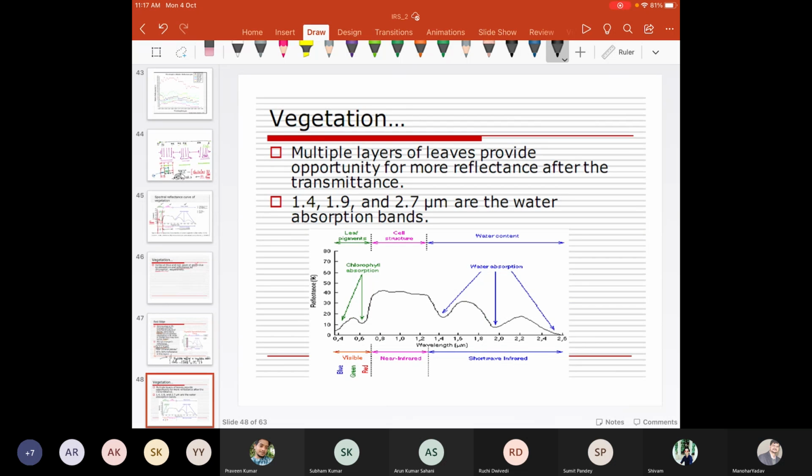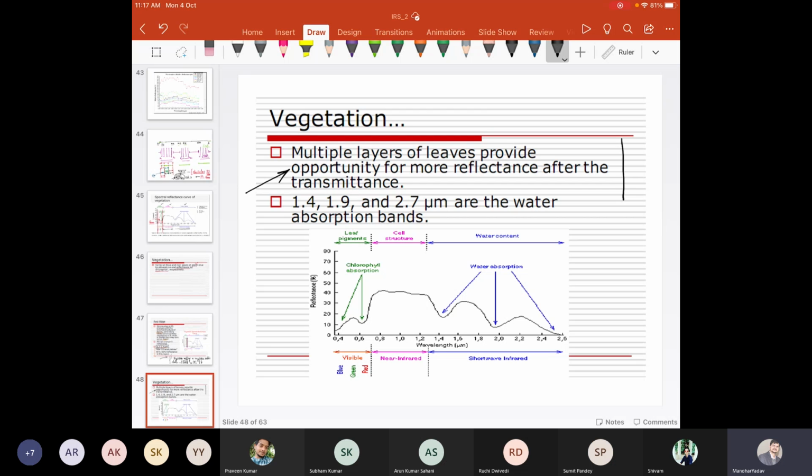Multiple layers of leaves provide opportunity for more reflectance after the transmittance. The components of leaves, which we have already discussed, govern the reflectance in different spectral bands, like visible, then NIR.